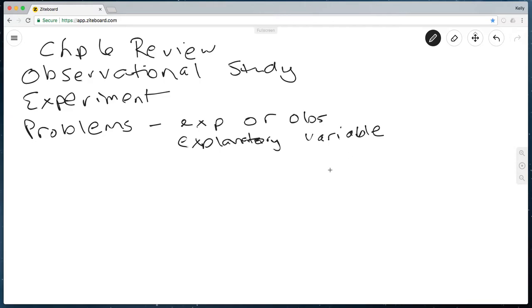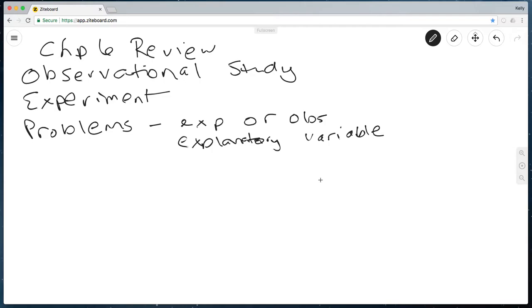Remember, the explanatory variable is what we are trying to use to explain something. If you think that watching a lot of TV would make somebody's grades go down, then the explanatory variable is the amount of TV you watch, because we are thinking that's what's causing something else.